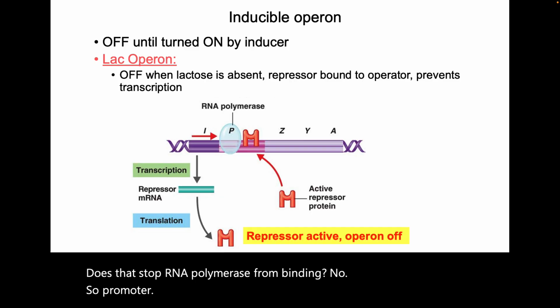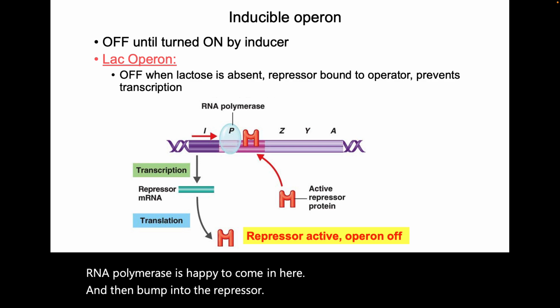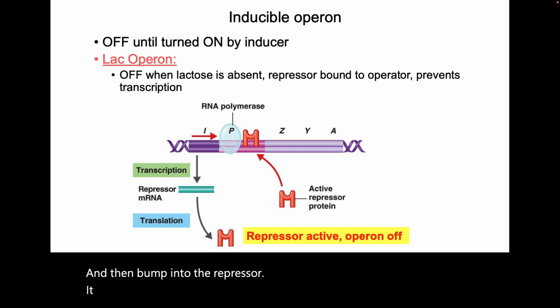RNA polymerase is happy to come in here. I'll just make it RNA polymerase. And then bump into the repressor. It gets nowhere. The repressor is physically blocking transcription. So the operon is off because the repressor is bound.